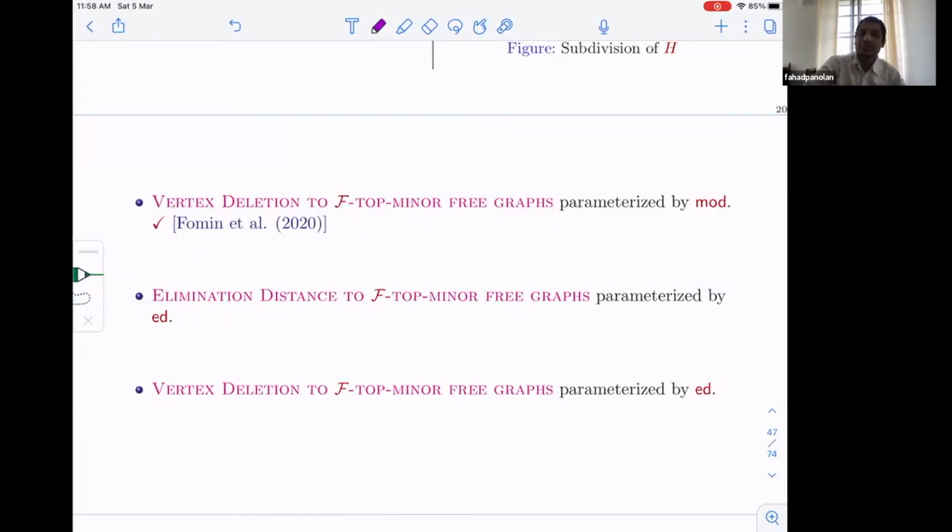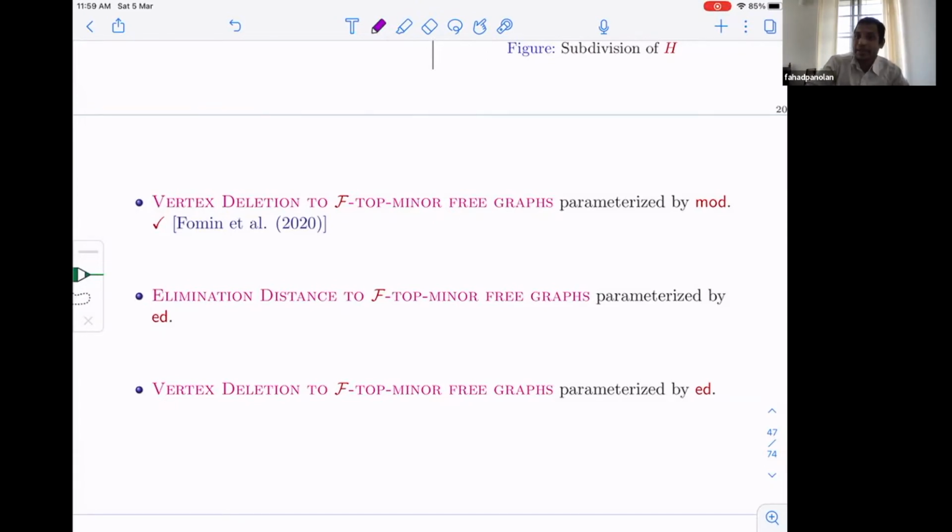So what we are going to do is solve the second problem, elimination distance to F topological minor free graphs. We are going to use the first algorithm as a black box. We are not going to adapt anything. We just use this algorithm as a black box and then solve elimination distance parameterized by elimination distance.